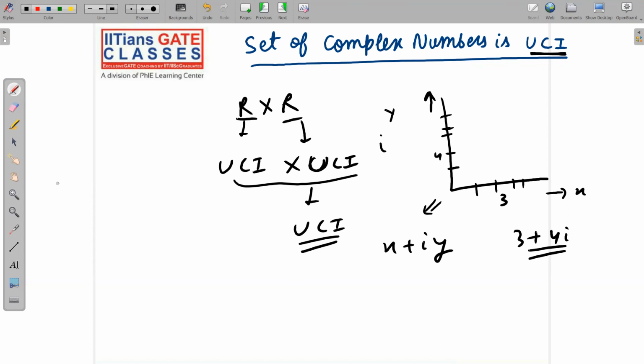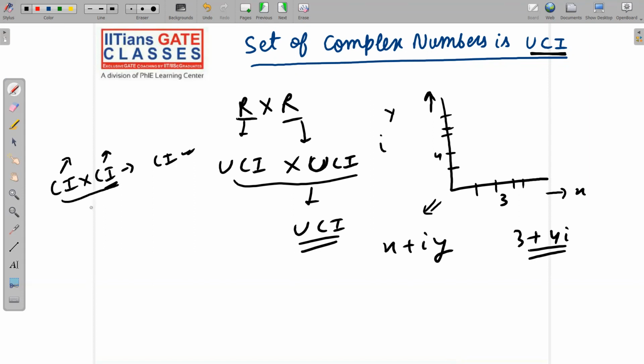And let me tell you one thing more. Countably infinite cross countably infinite, you will get countably infinite. Do not go into the proof, I'm just giving you the idea, and intuitively you may be able to imagine this. Roughly, this is countably infinite, so with the natural numbers this set will have a one-to-one correspondence, and this is countably infinite, so with the natural numbers this set will have a one-to-one correspondence.